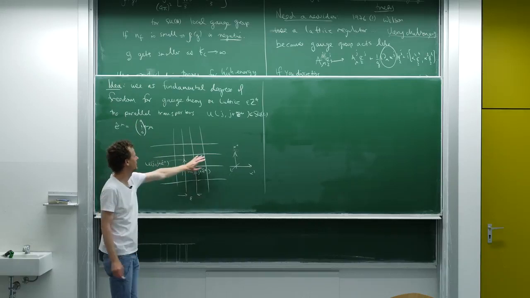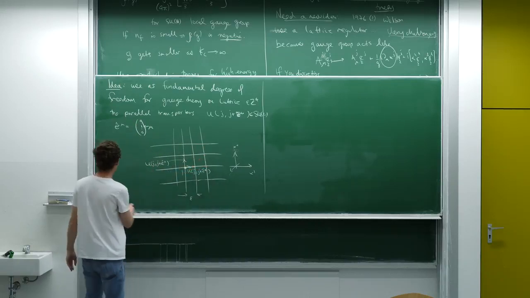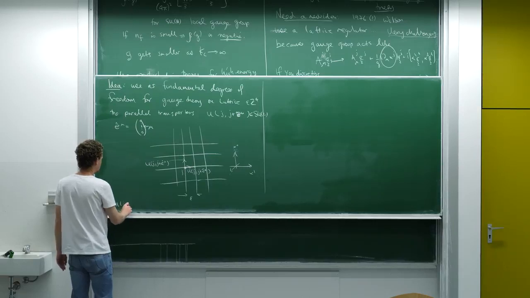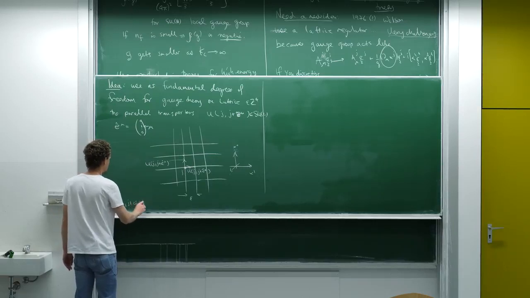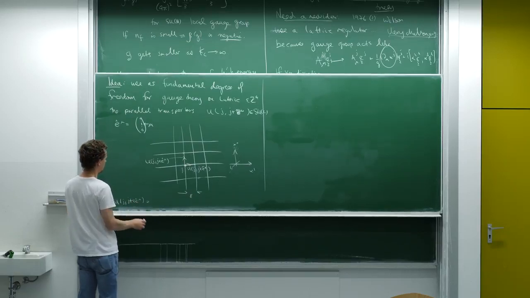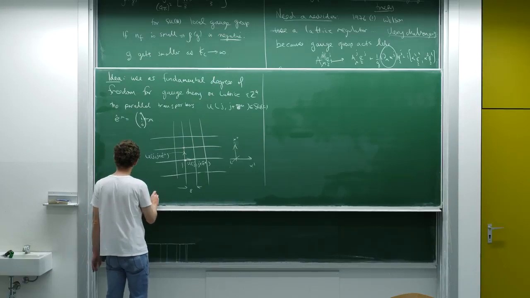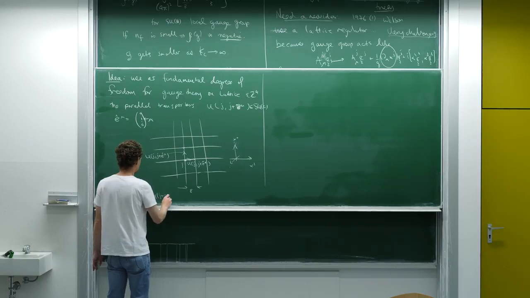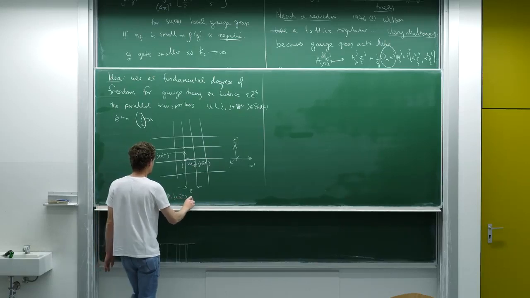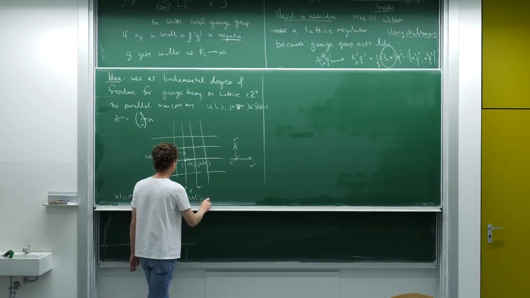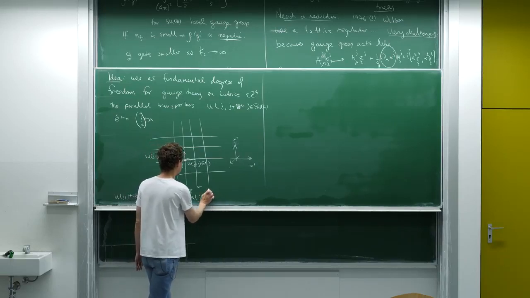And then you can build bigger parallel transporters just by multiplying. So the parallel transporter that goes from j to j plus 2 e_mu is equal to first go to j plus e_mu, then go from there to j plus 2 e_mu.